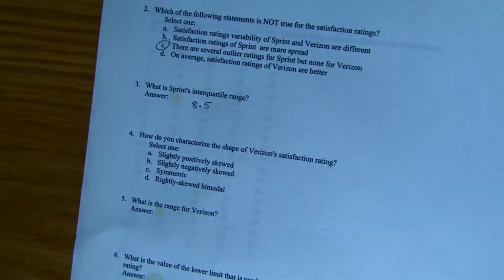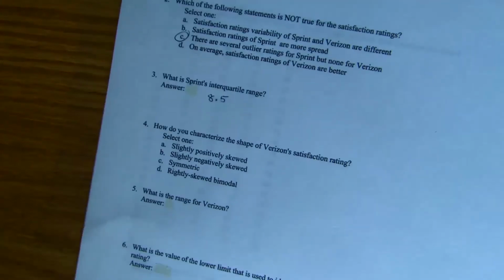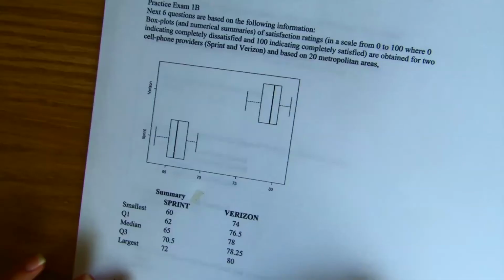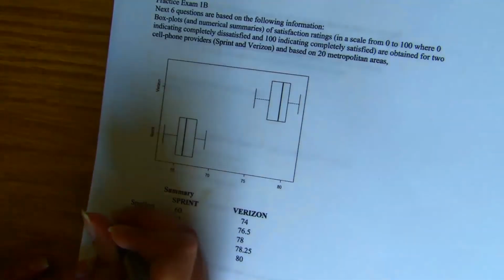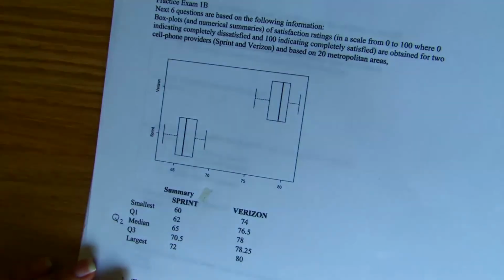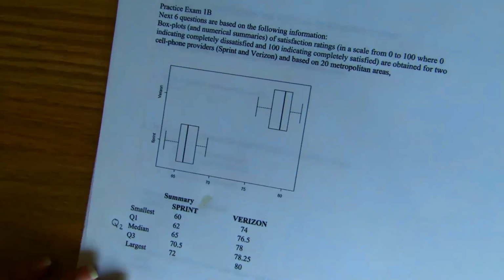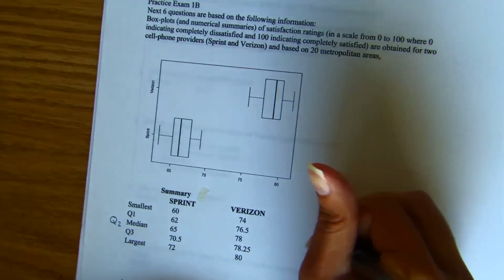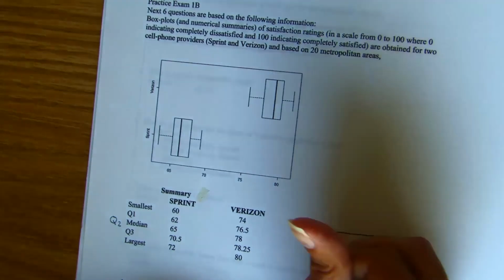Number 4 is saying, how do you characterize the shape of Verizon's satisfaction rating? I like to visualize this. I think it helps a lot better. We're taking a look at Verizon now. Something I want to point out is the median is the same thing as Q2. Since we have the numbers here, I'm going to draw the box plot of Verizon.